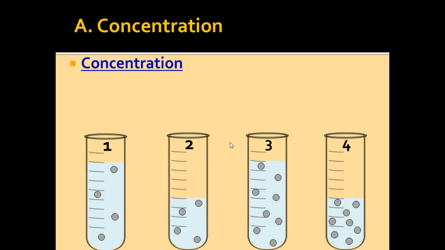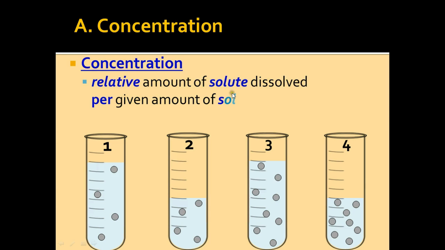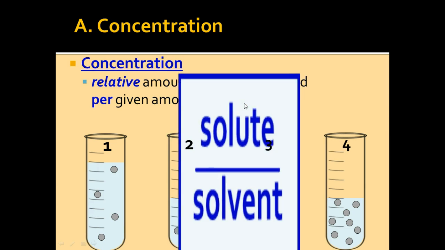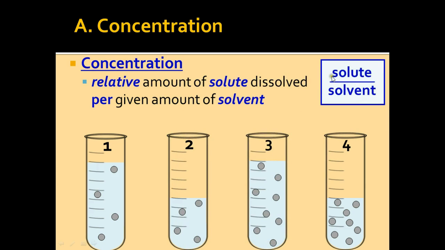Concentration is the relative amount of solute dissolved per given amount of solvent. So this is a ratio of solute to solvent. I'm sure most of you have heard of concentrated orange juice and stuff like that.